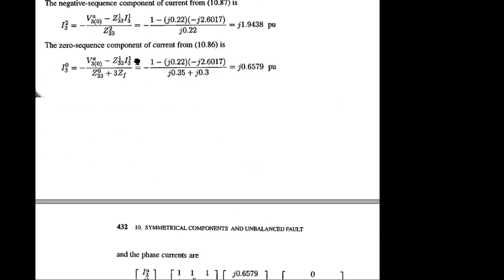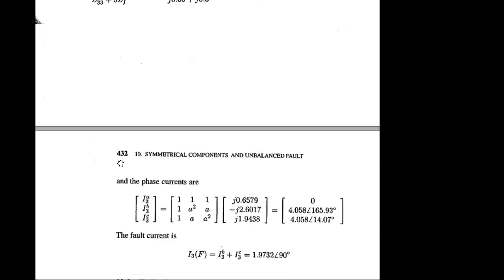But for double line to ground case, you have IA0, and I31 and I32. This is 0, 1, 2. You have to use that information to generate the total fault current.